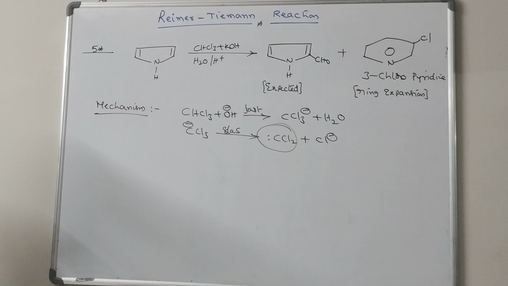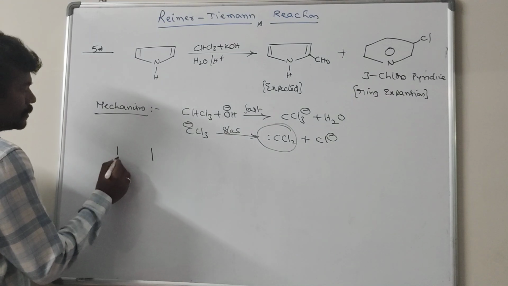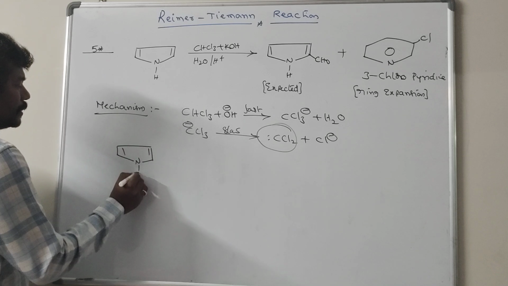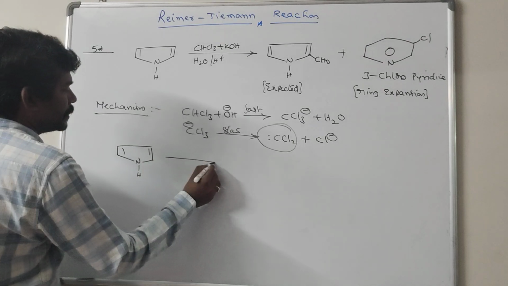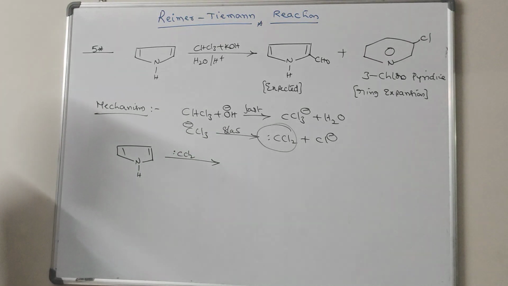So when pyrrole reacts with dichlorocarbene, this is pyrrole, this is dichlorocarbene.